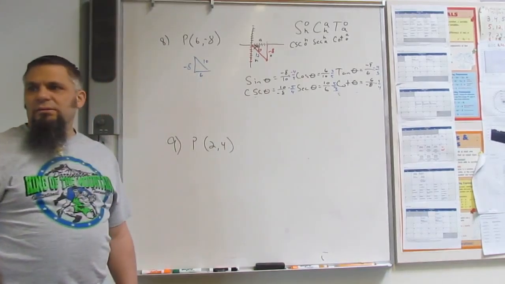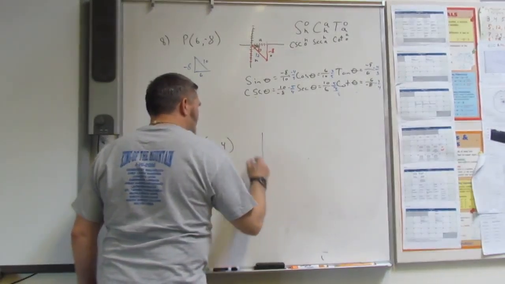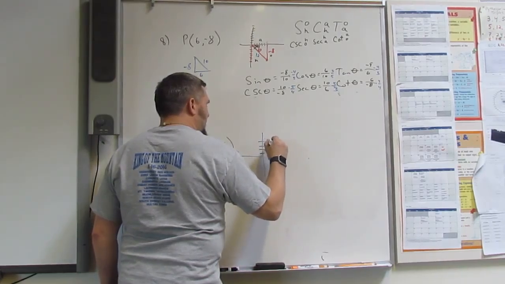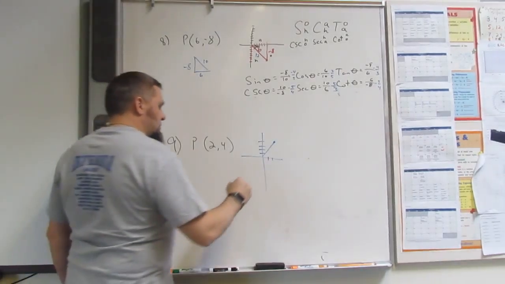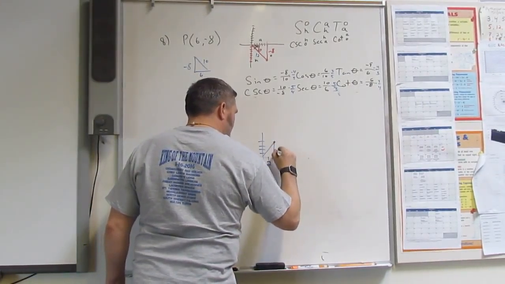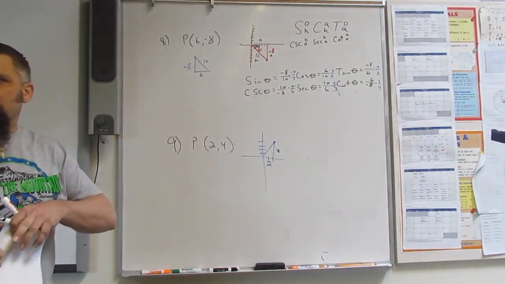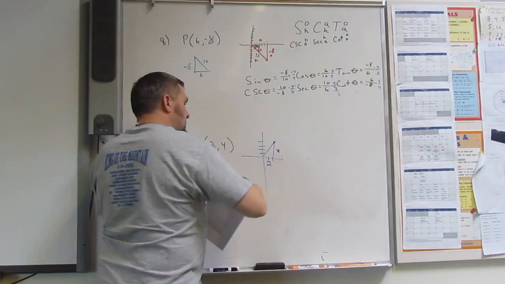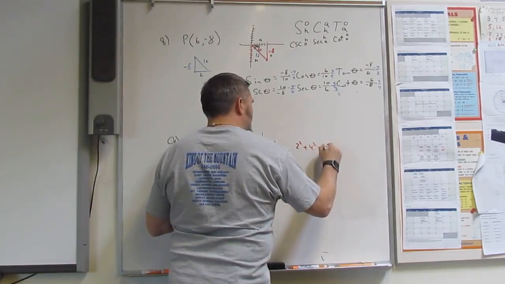Same thing here. Little harder. Okay? We have 1, 2, and 1, 2, 3, 4. Right? So this is 2. This is 4. So what is the length? Well, it's a squared plus b squared is equal to c squared.